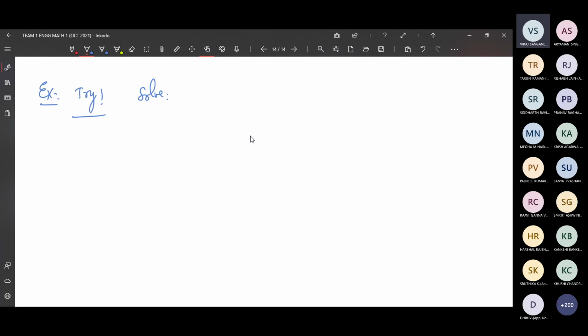Solve x plus y whole square into x times dy by dx plus y equal to xy into 1 plus dy by dx.